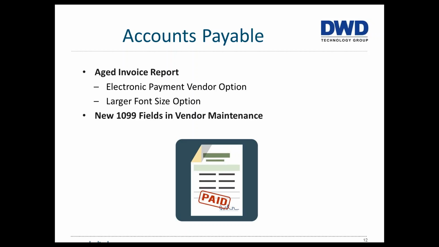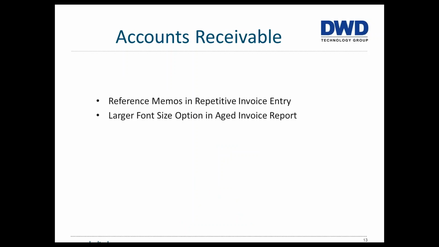Sage has heard us, and they have given us some capabilities to elect to see a report that's actually in larger print. Some other things in AP, we've got some new 1099 fields that are available in vendor maintenance. So we'll check those things out when we get into the software.